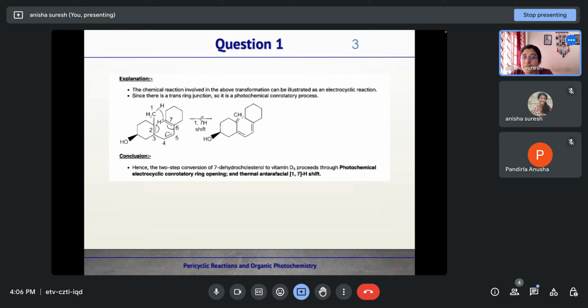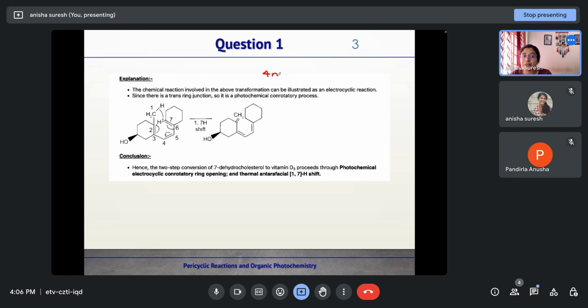And this 1,7 hydrogen shift is taking place in an antarafacial manner. So the two-step conversion is, first step is the electrocyclic conrotatory ring opening. It is easy to tell, since the reaction is photochemical, as cis-trans isomerizations have been discussed regarding this. So it is a photochemical process.